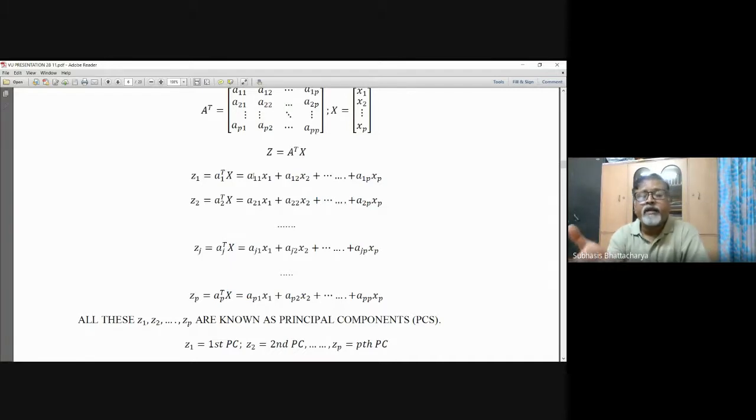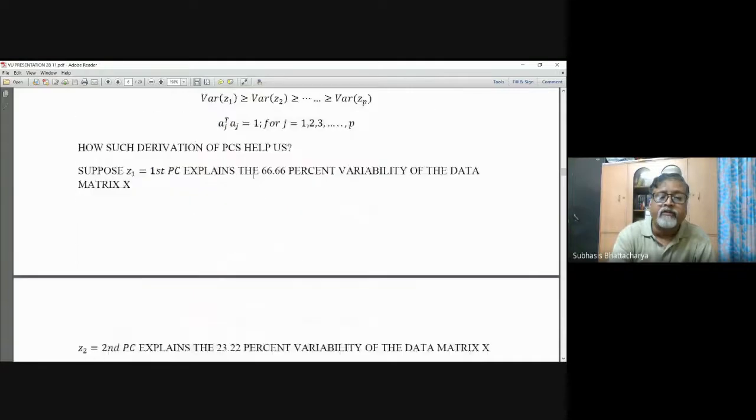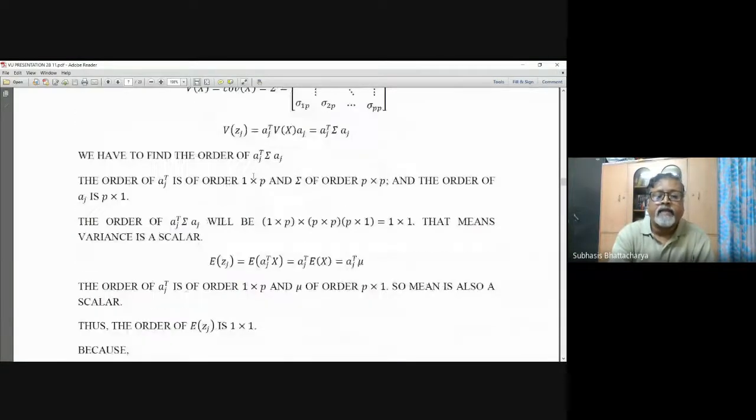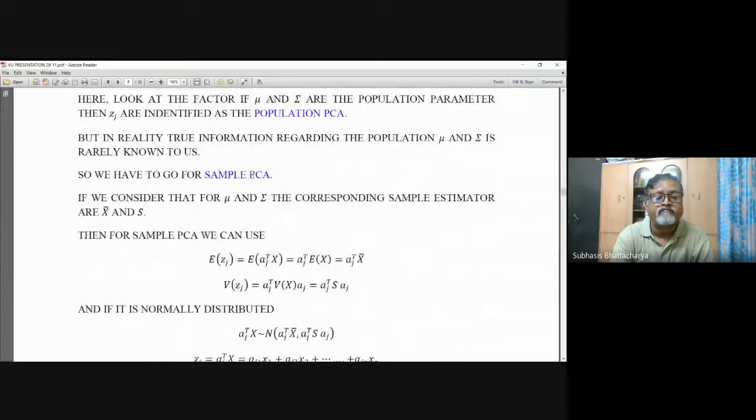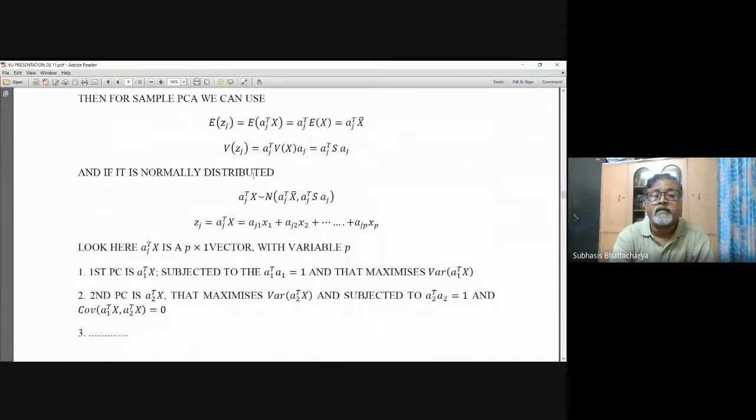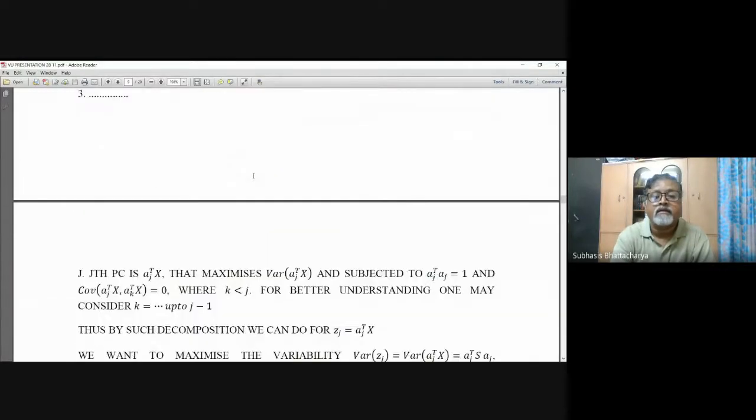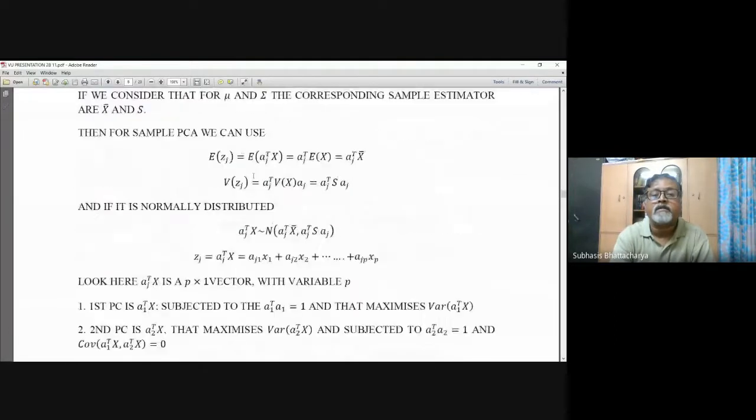Similarly, all the variables are combined in such a pattern, and the combination process is orthogonality. So the basic working behind the software goes in such a way that each principal component is considered as a linear combination.